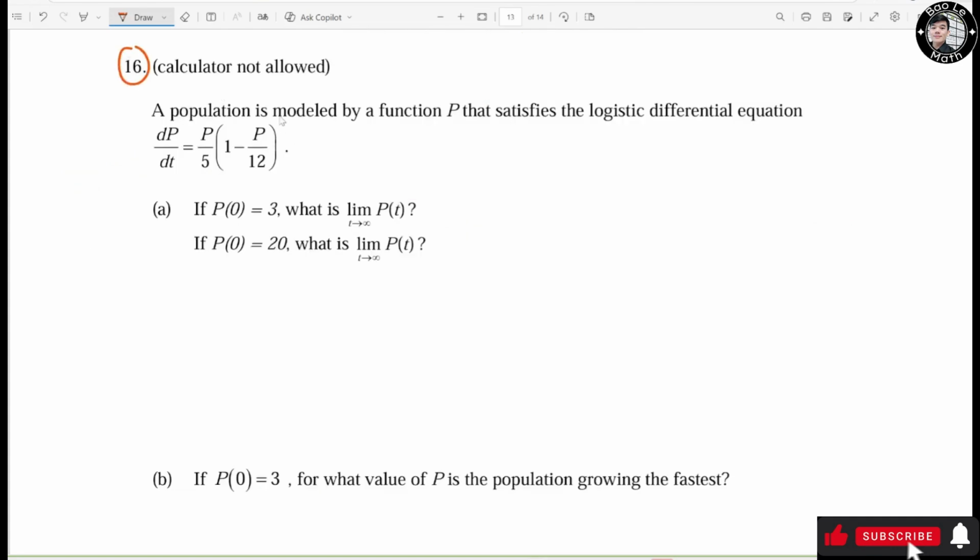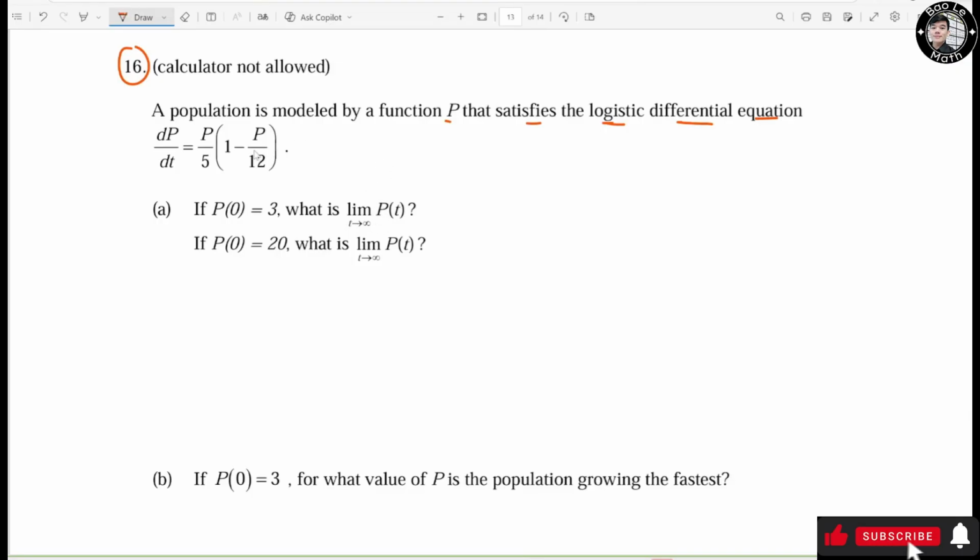Question 16. A population is modeled by a function p that satisfies the logistic differential equation dp over dt equals p over 5 times 1 minus p over 12. Question A. If p of 0 equals 3, what is the limit of p of t when t approaches infinity?